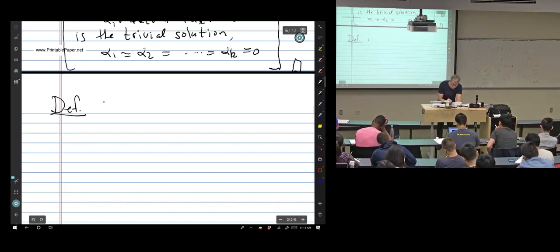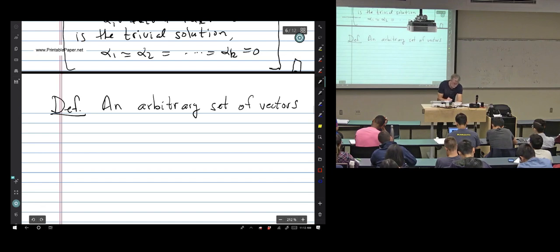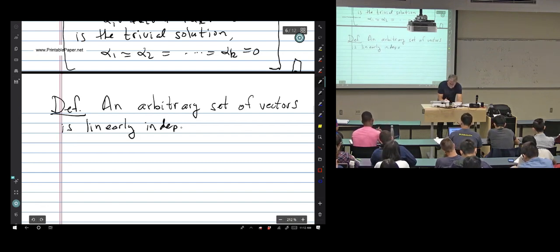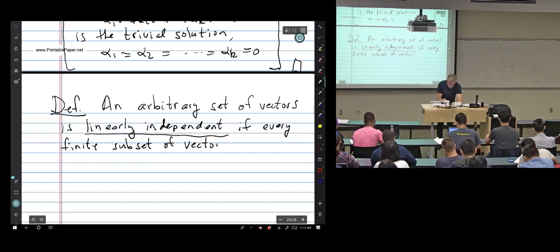Definition. An arbitrary set of vectors is linearly independent if every finite subset of vectors is linearly independent.